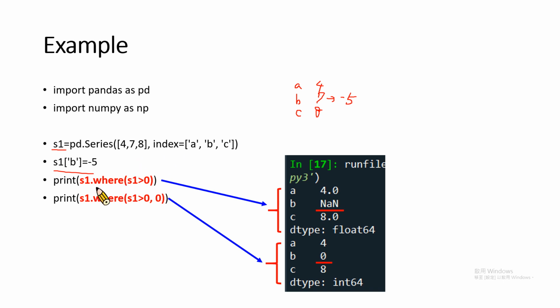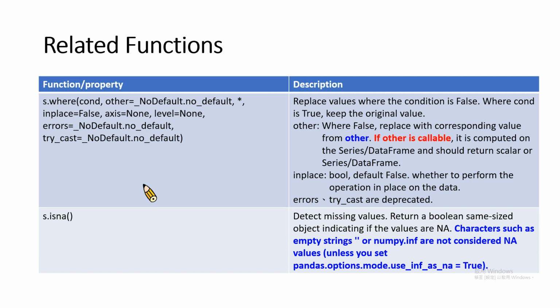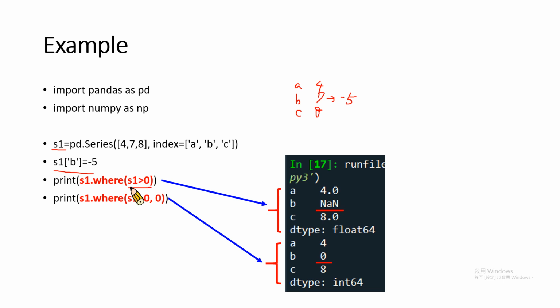Then we see how where is used, and we have a condition here. Before, we introduced that if you want to replace some values of the series, you have a condition to test. The condition now is for the value greater than 0.